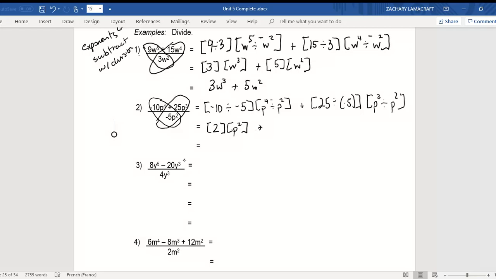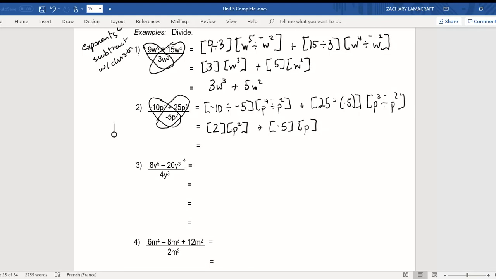And then at the other side here, we have 25 divided by negative 5 is negative 5. And p to the 3 divided by p to the 2 would be just p, okay?